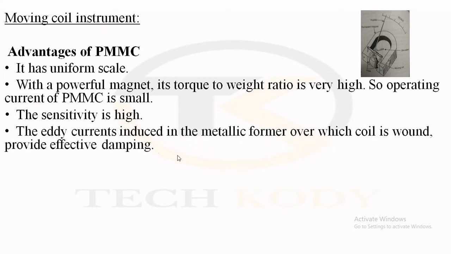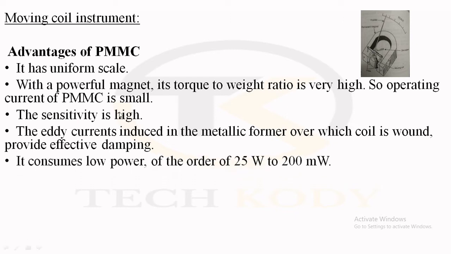The eddy current induced in the metallic former over which the coil is wound produces effective damping. Here in PMMC we use eddy current damping. It consumes low power, of the order of 25 microwatts to 200 milliwatts. It has high accuracy.